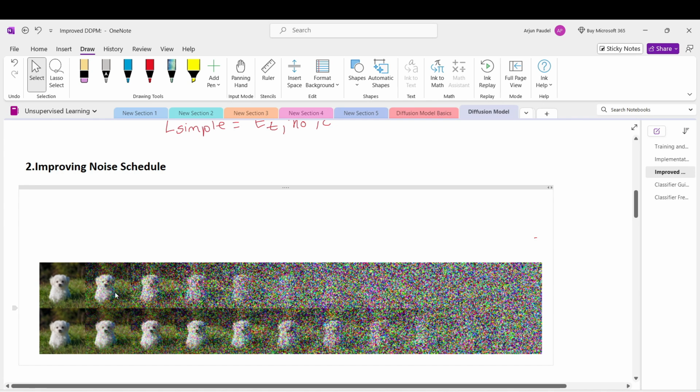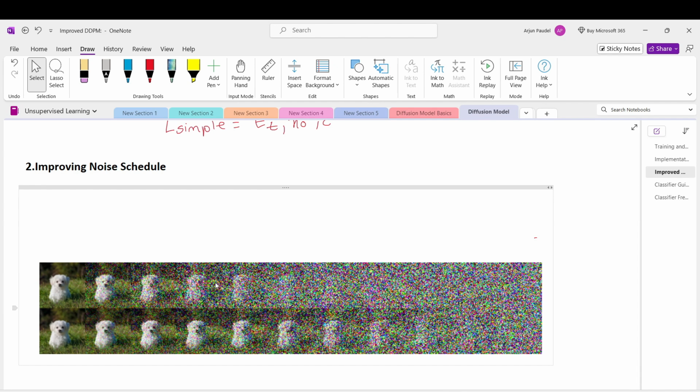If we have more steps, we can learn easily and get our model capable of removing noise. So we don't want to destroy the structure as quickly as possible.